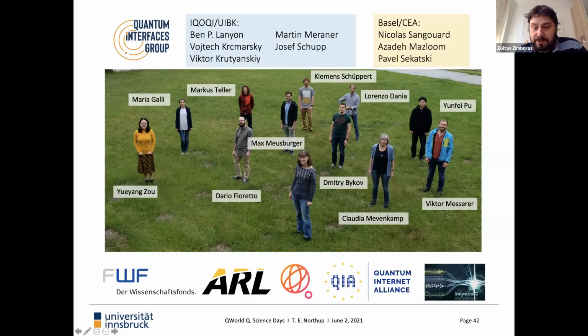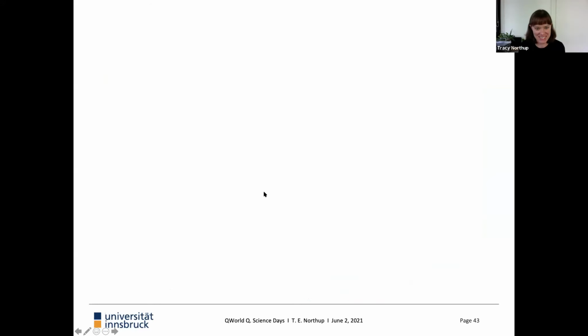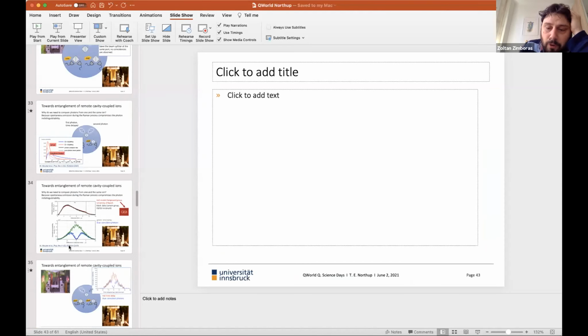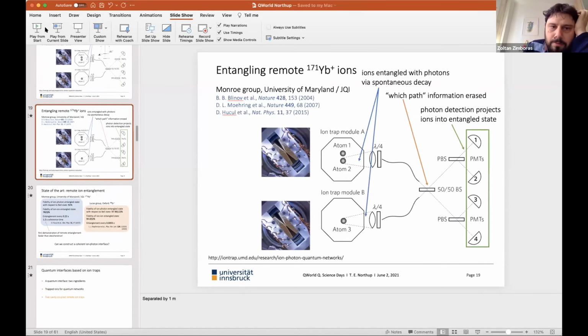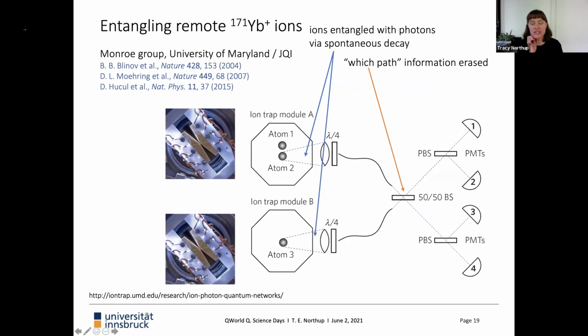So the first question is from Florian Ginzel. In the remote entangling experiment presented on slide 19, how important is the timing of arrival times of the photons at the beam splitter?